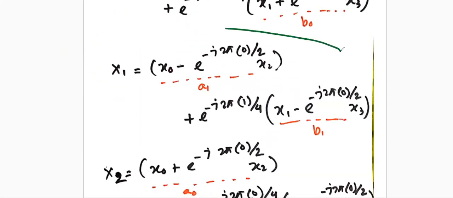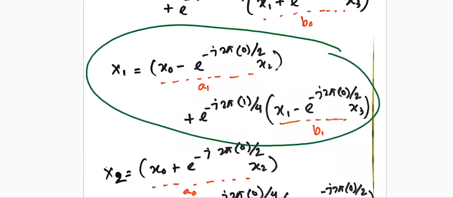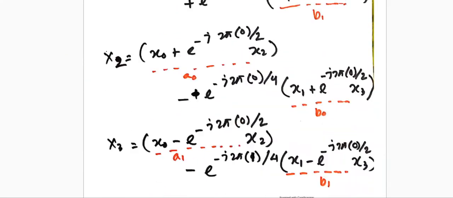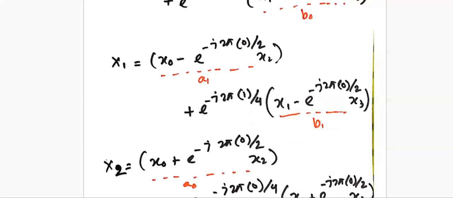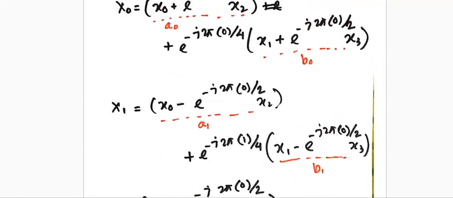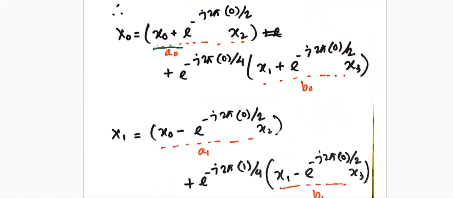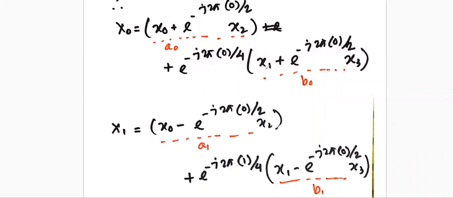For x1, we can derive it like this. For x2 and x3, if you look at these numbers, we are also printing some values like a0. What is a0? a0 equals x0 plus e to the power minus j 2 pi 0 by 2 into x2. That is your a0. We need that afterwards. And what is b0? This is x1 plus e to the power minus j 2 pi 0 divided by 2 into x3.